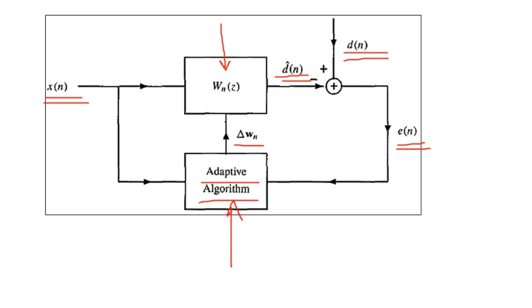Now, as we have just talked about the Wiener-Hopf equations, the most important point here is that solving the Wiener-Hopf equation needs two estimate matrices, the autocorrelation matrix and the cross correlation matrix. Generally the autocorrelation can be denoted by small r suffix x of k, and the cross correlation by small r suffix dx of k.